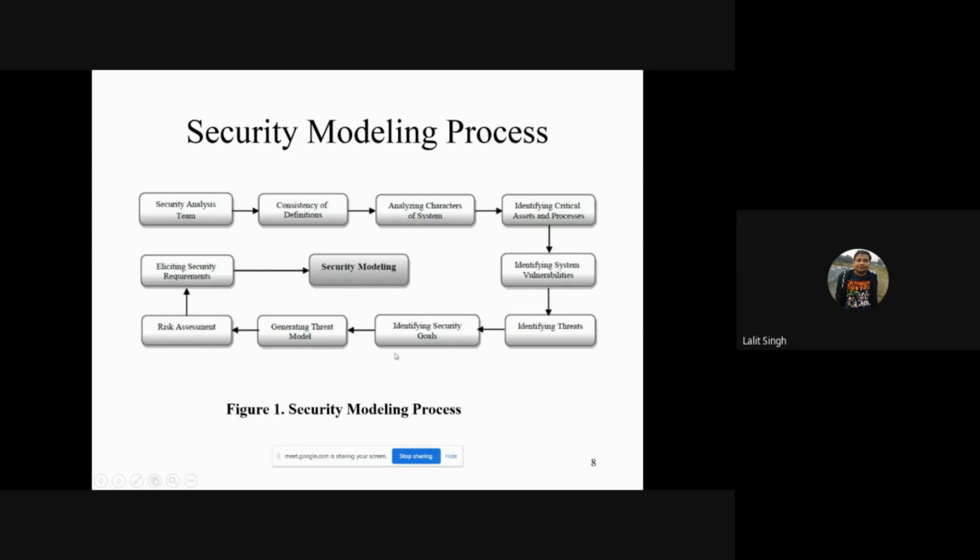So this is a generic framework which basically tells what are the various phases that any system should contain to model the security. Definitely depending on the size of your system, or the policy of your company, or the system analyst, one or two phases can be compressed into one.